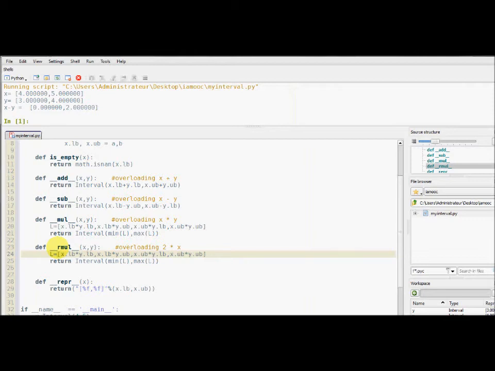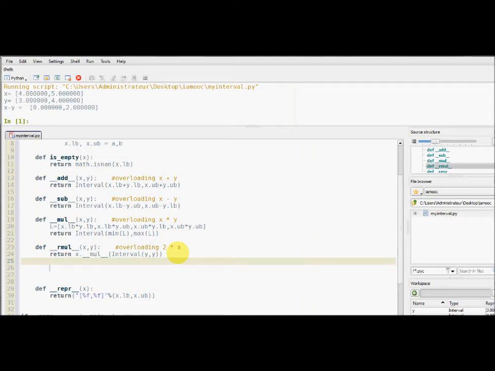I will have to transform it into an interval, so I will return the multiplication with the interval of, I will have to build y and y. Okay.